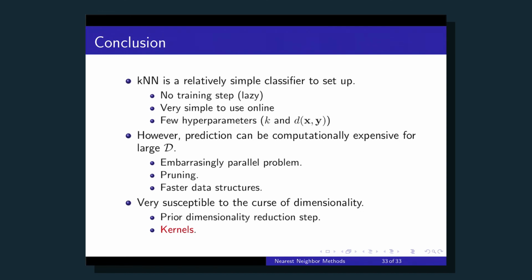We talked about pruning, so you can get rid of most of the points in your database as long as they're not on the boundary or they're outlier points. Or you can do something like prototyping if you can. So you can actually reduce the size of your data set effectively without changing what the classification would do.